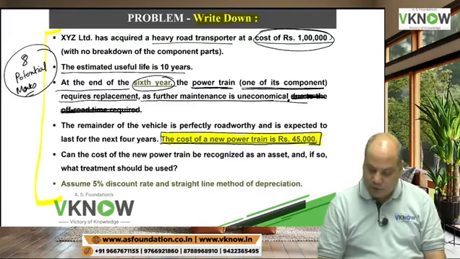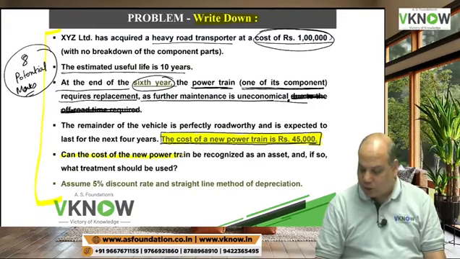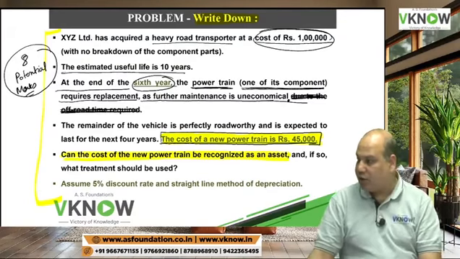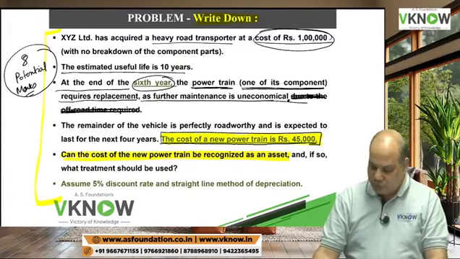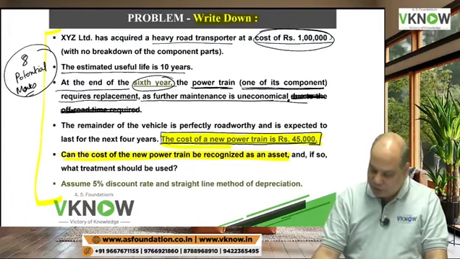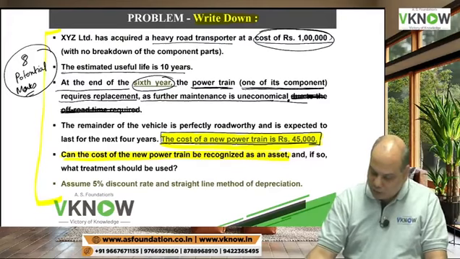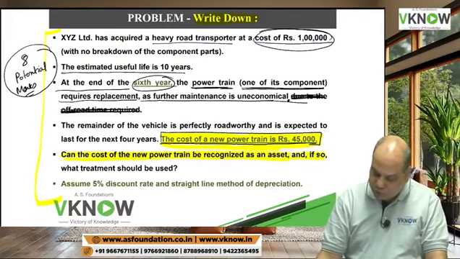Can the cost of the new powertrain be recognized as an asset? The answer is yes. The standard says the new part will be capitalized, and if so, what treatment should be used?